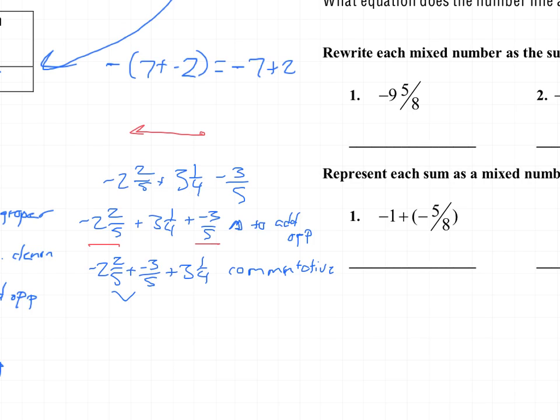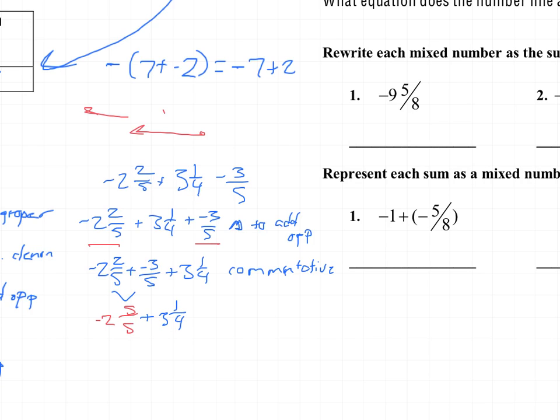I'm at -2 2/5, and I add an additional -3/5. That's going to take me to -2 5/5 plus 3 1/4.